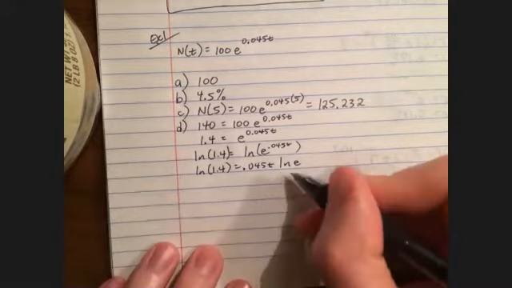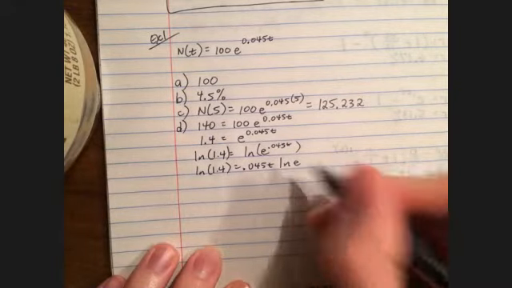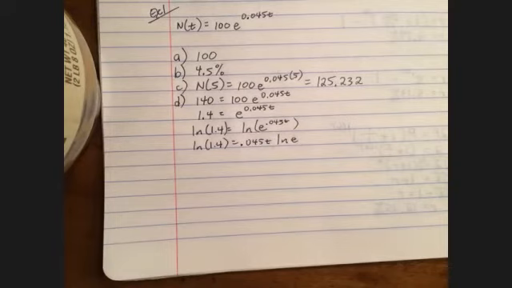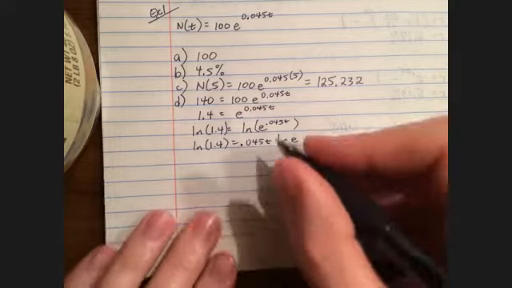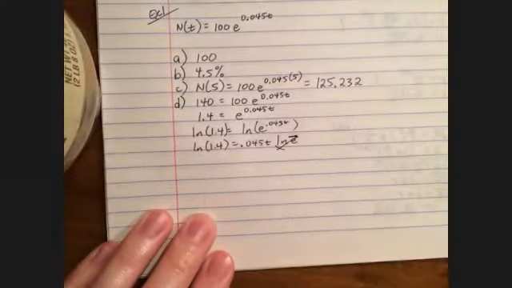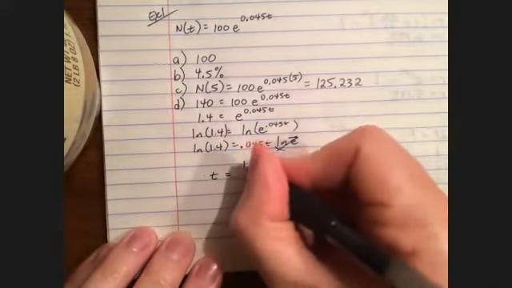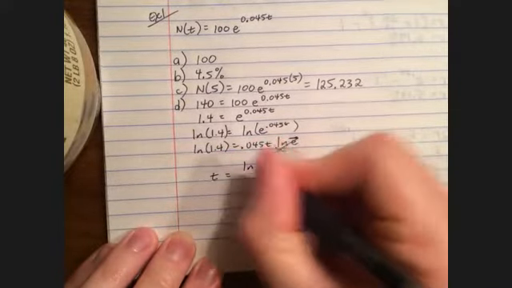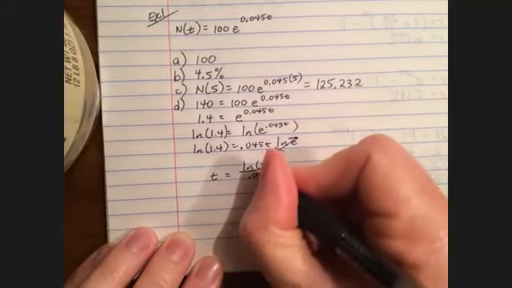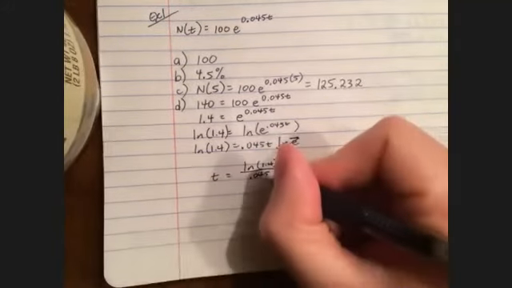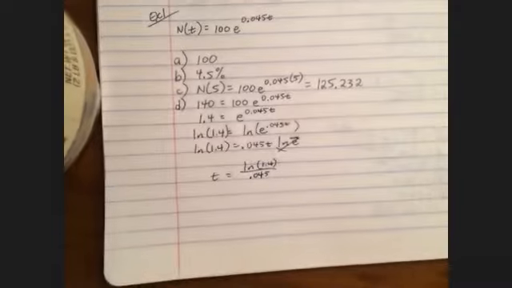Well, ln of e is just 1. Double check, make sure everything's good here, that you can see everything. Yeah, good. So ln of e is 1, so that's out. We'll just divide that by 0.045. So ln of 1.4 divided by 0.045 is what we need to put in our calculators.